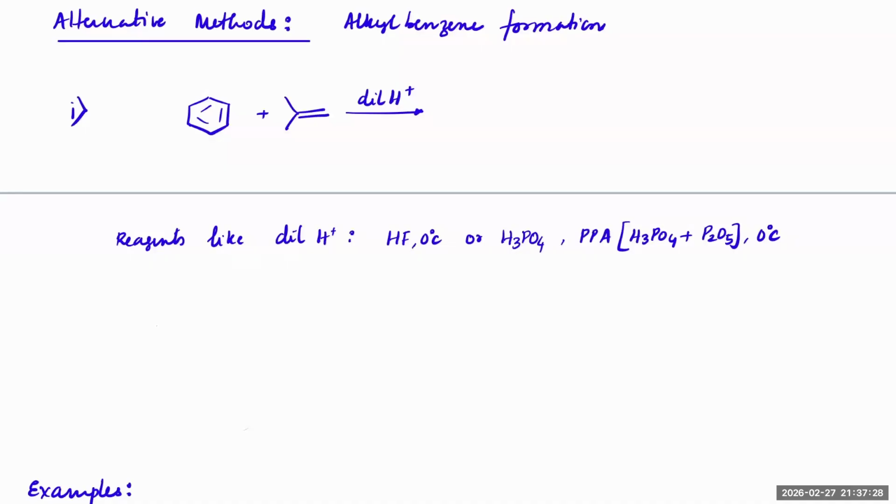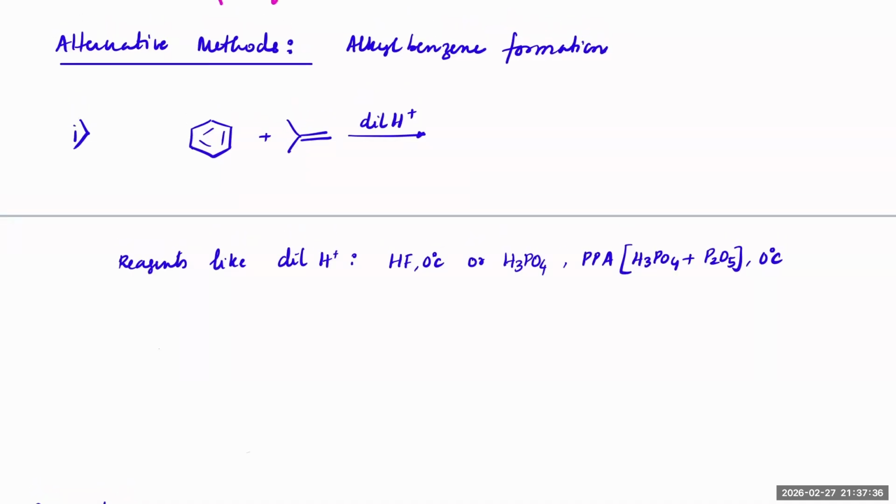Does it always have to be an alkyl halide? Not necessarily. Even if you have an alkene, we can still get this carbocation formation and the reaction can happen. In this case, for instance, we can get the product like this. This is tert-butyl benzene.